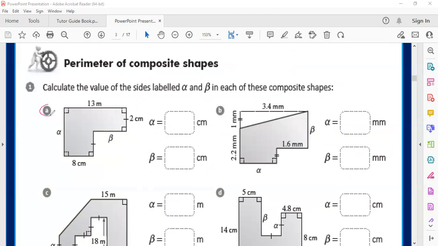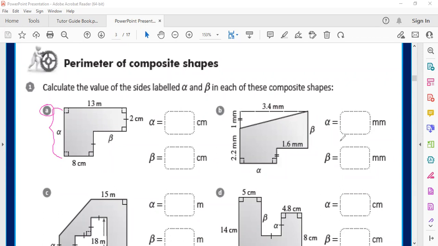Okay, look at A, alpha and beta. These are terms, okay? Wow, Sridhar, you've never seen a question like this before. Okay, alpha. Find the value for alpha. What is the value of alpha, guys?